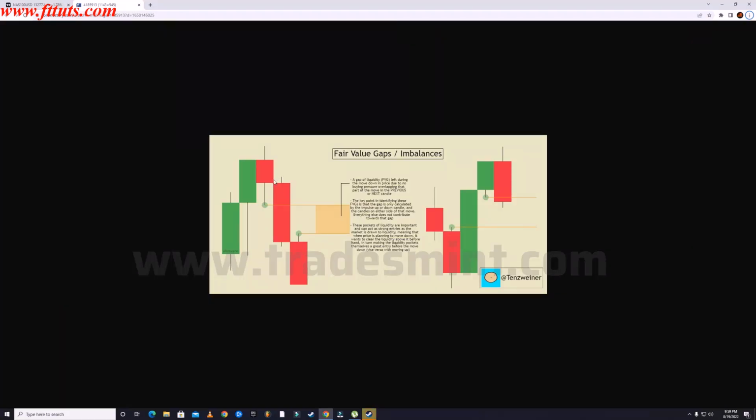All right, so if we look at the buy example here, we look for the high of the first candle and the low of the third candle. So this is again a three candle formation. Remember that 1, 2, 3. So the first candle, we're looking at a buy example.